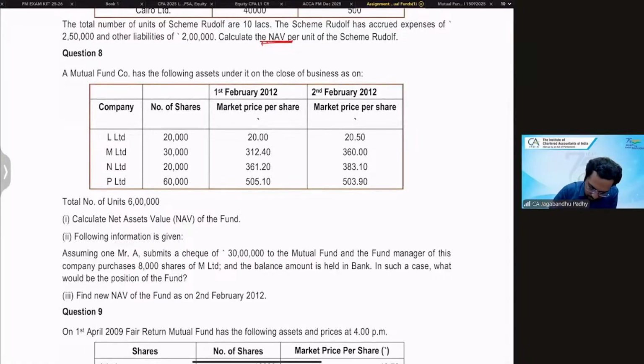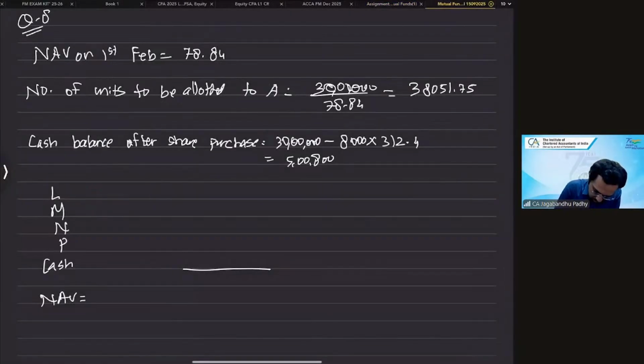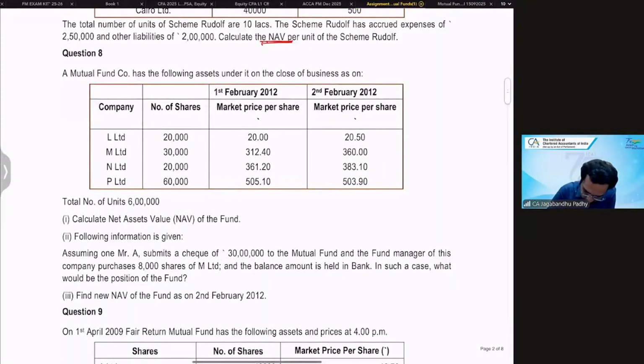Okay, fine. So this is going to be like L is 20,000 shares at a price of 20.